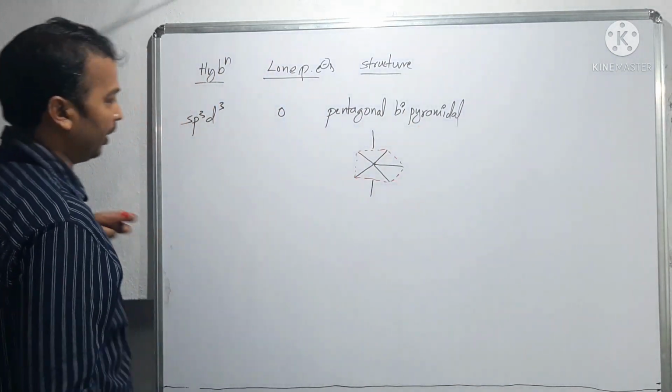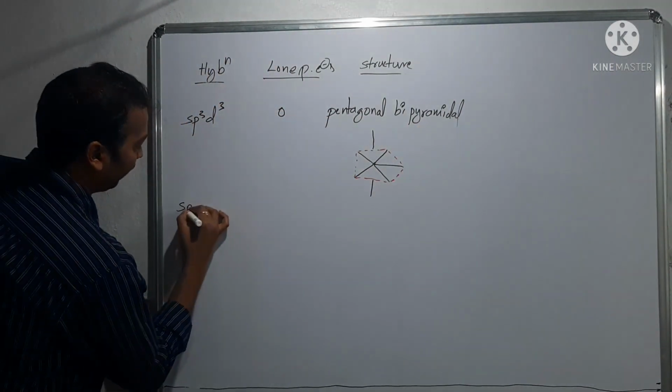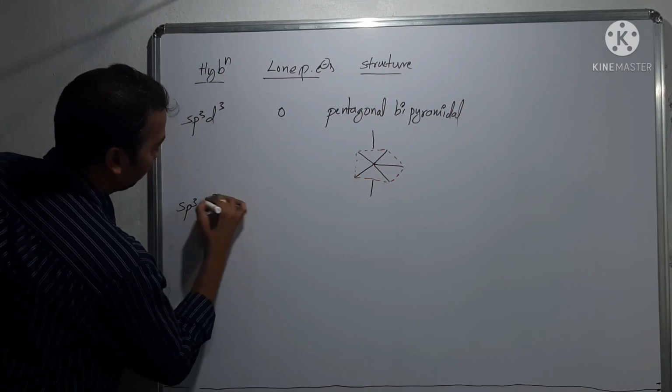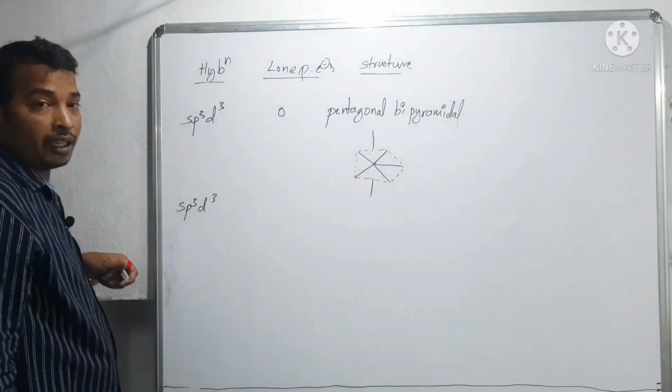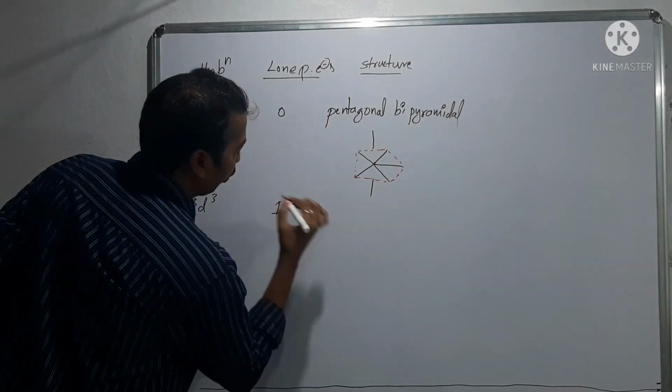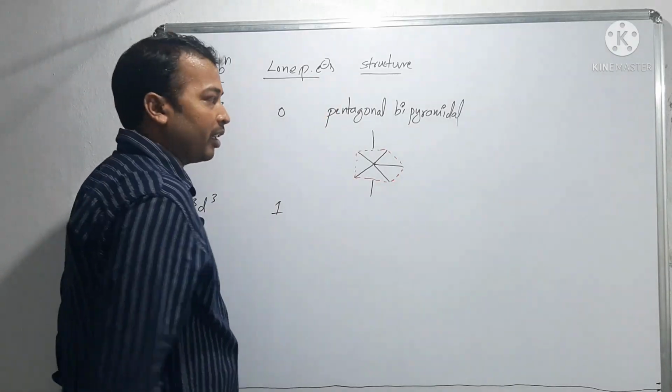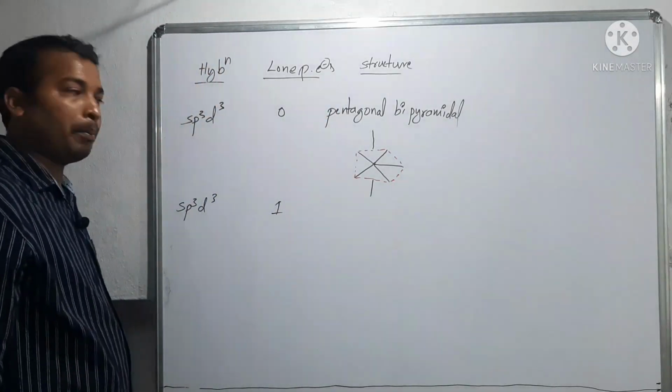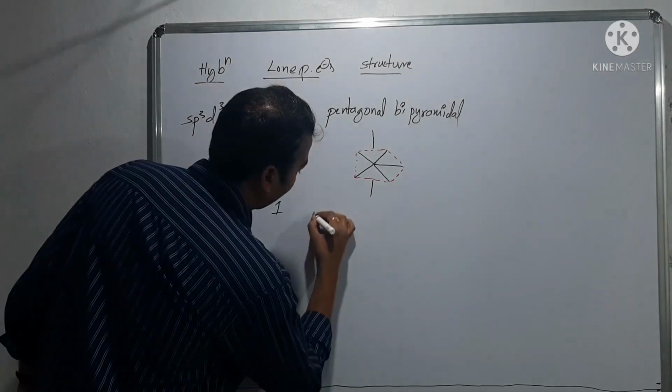Pentagonal bipyramidal. If sp3d3 has one lone pair, then the structure changes to pentagonal pyramidal. Pentagonal pyramidal.